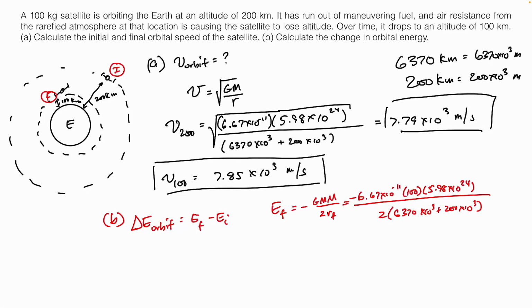What happens when you add 6,370 plus 200? 6570. All right. And when I calculated that, I got negative 3.08 times 10 to the 9 joules.